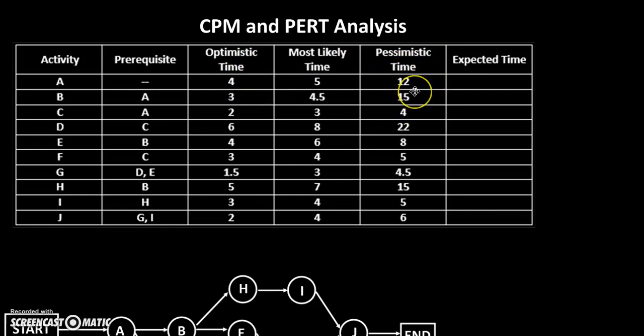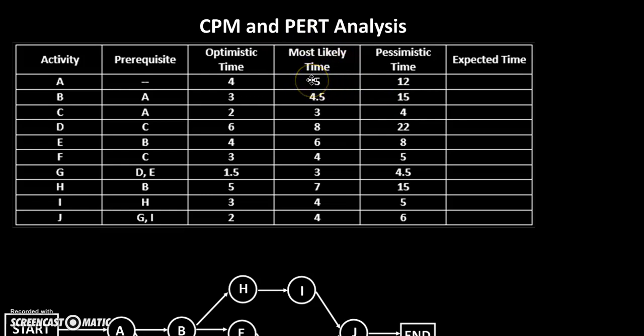Pessimistic time, obviously then, is the complete opposite. If every single possible thing in this particular activity went wrong, or performed poorly, it would take the pessimistic time. So this is the longest possible time that it would take to complete. And then obviously, as it says, the most likely time is somewhere in the middle.